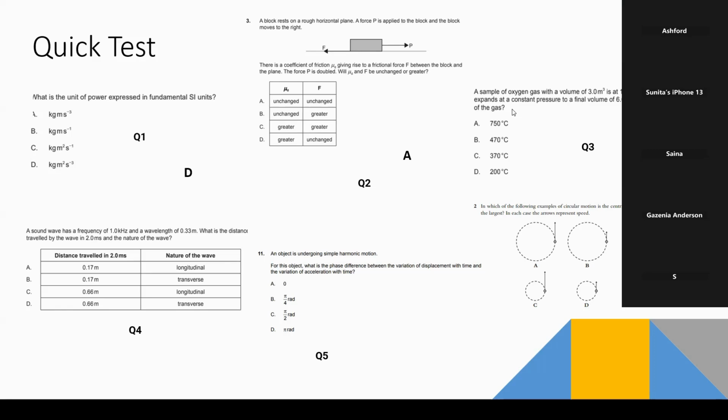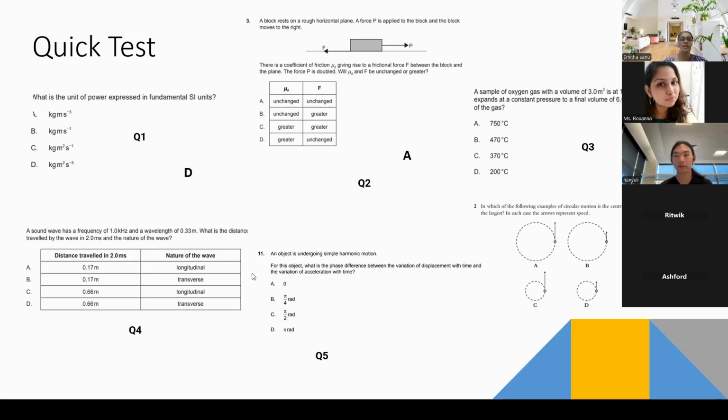4C is absolutely right because sound wave is a longitudinal wave and the wavelength, as you can see, 1 kilohertz. If the wavelength was 0.33, 2 millisecond, inverse of 2 millisecond is going to be the frequency. And as you can see, it would be double the frequency.